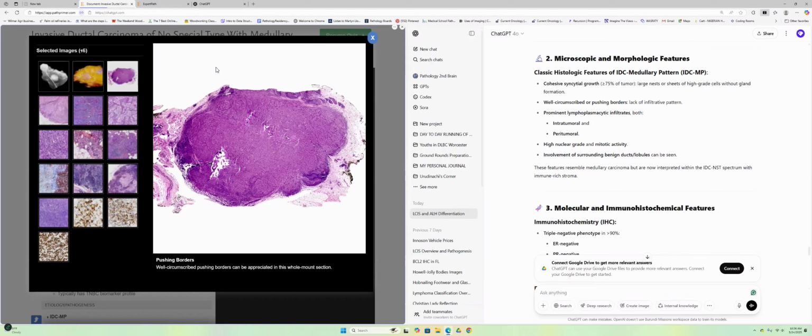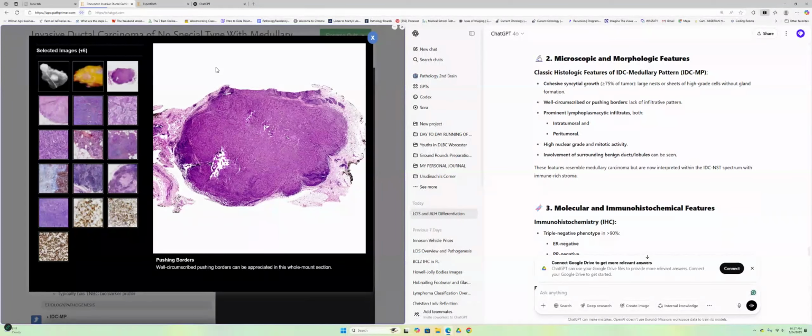Mention the name of the disease and the criteria for diagnosing it. The disease is invasive ductal carcinoma of no special type with medullary features, tumor infiltrating lymphocyte-rich invasive ductal carcinoma.